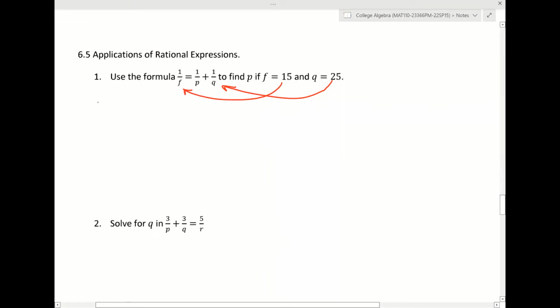So this is going to turn into 1 over 15 is equal to 1 over p plus 1 over 25.